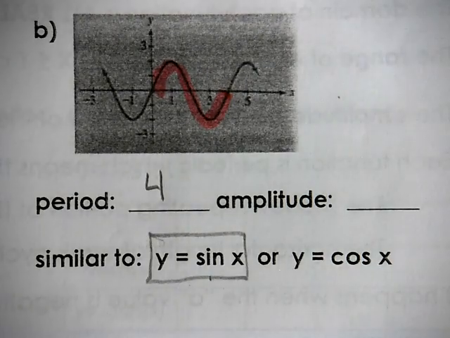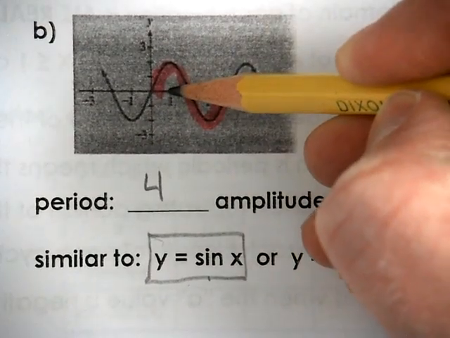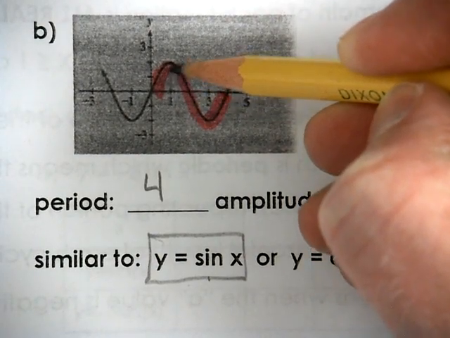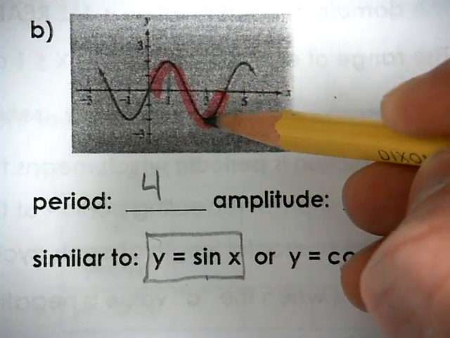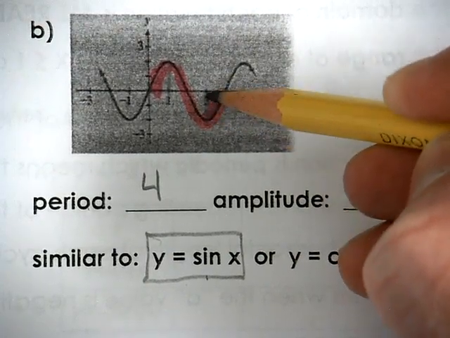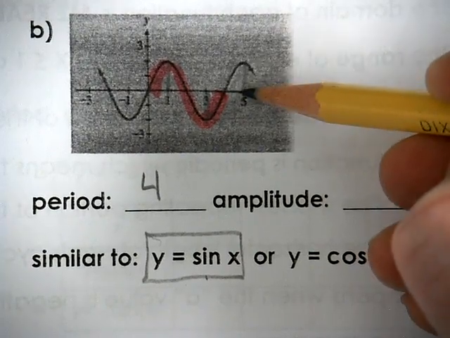What's our amplitude? Everyone should have an opinion. We are looking from the midline up to the maximum point, or the midline to the minimum point. Doesn't matter which ones of these we look at.